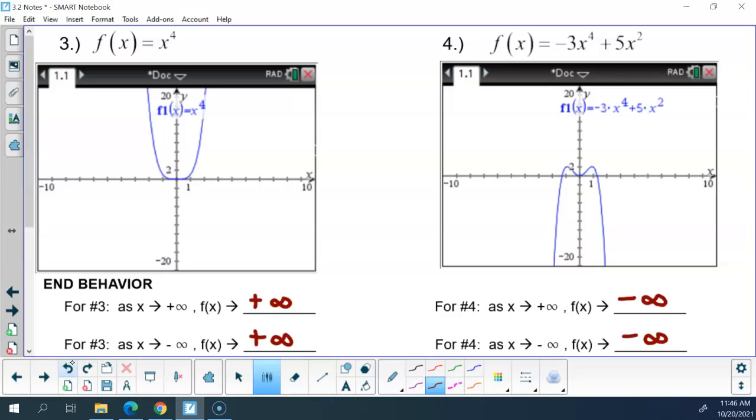But again, we're just dealing with sketches. You now have enough information to do numbers 1 through 6 and 15 and 16 on your homework.